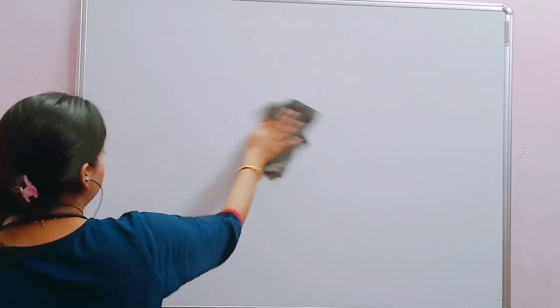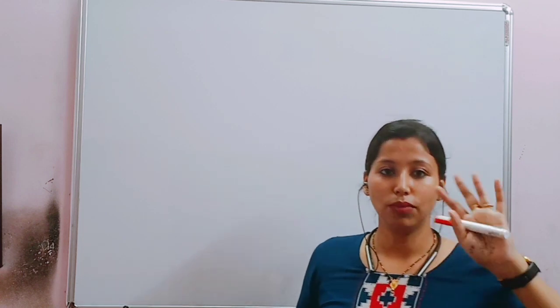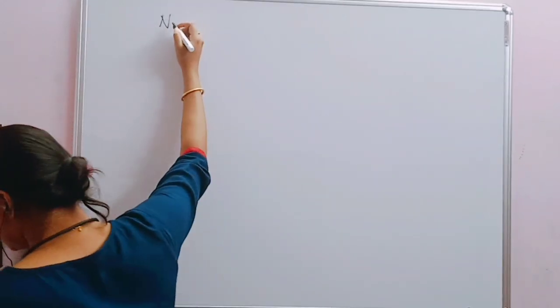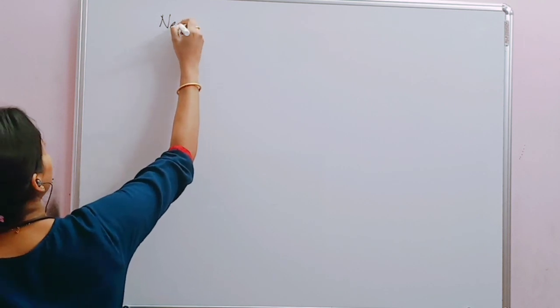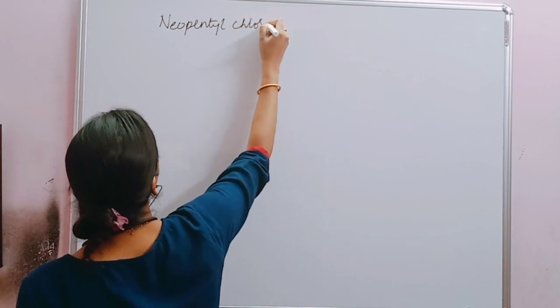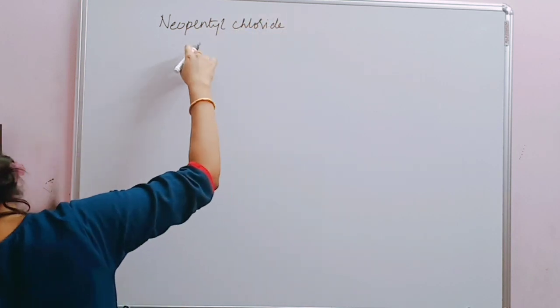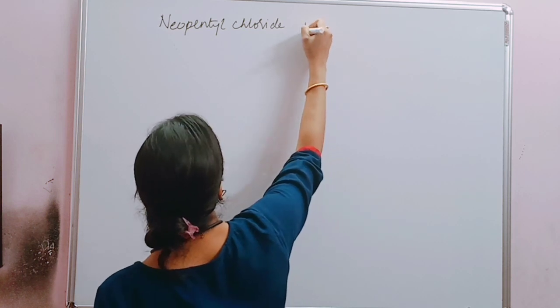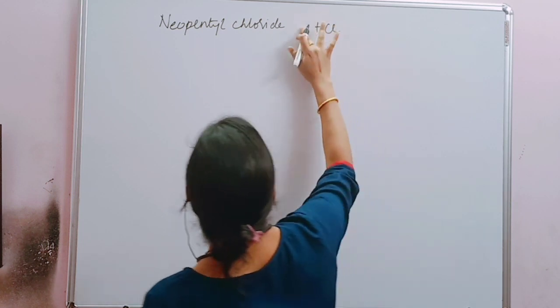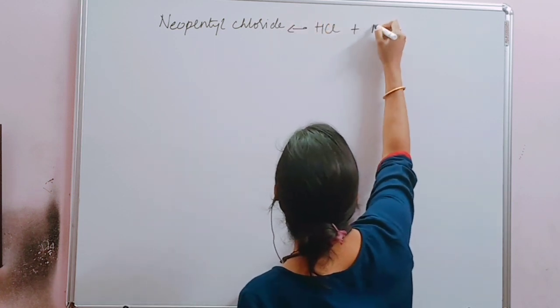Now there is one very important and interesting question that is not board level, but it is usually related to entrance questions. The question is, why can neopentyl chloride not be prepared by action of HCl on neopentyl alcohol?